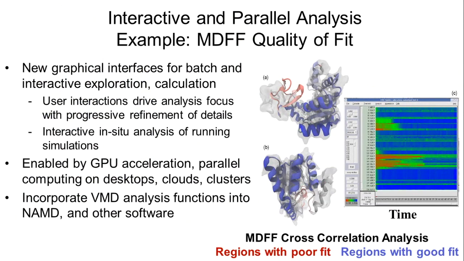And so one of the early uses for this was for molecular dynamics flexible fitting. We wanted to do cross-correlation quality of fit analysis for large structures, big viruses, and we wanted to do it over 10,000 frames. We wanted to compute those cross-correlations not just for the entire structure, but also more spatially localized cross-correlation, and so that drove up the cost of those calculations significantly.